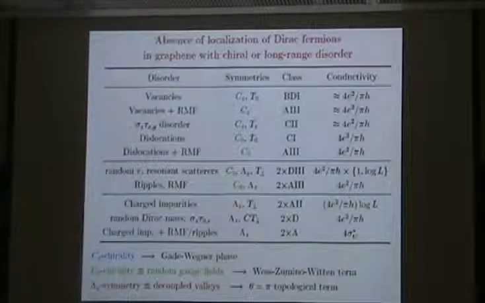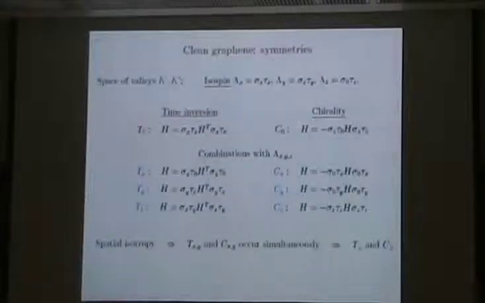The physical time reversal made one valley into the other. Therefore, if the valleys are decoupled, you don't care about those symmetries, because now you should consider two separate Hamiltonians. However, there are additional time reversals, as I mentioned, additional symmetries of this sort that may be there or not.